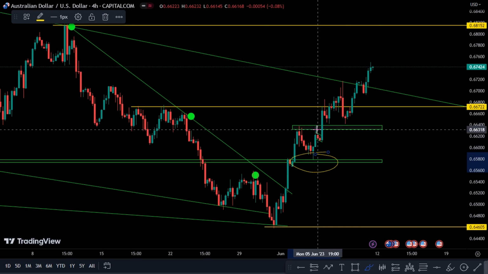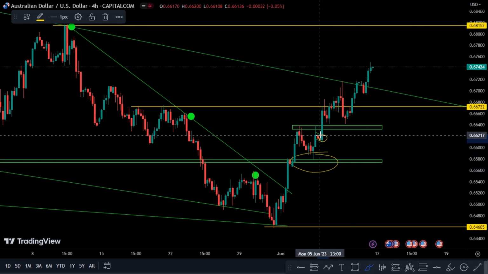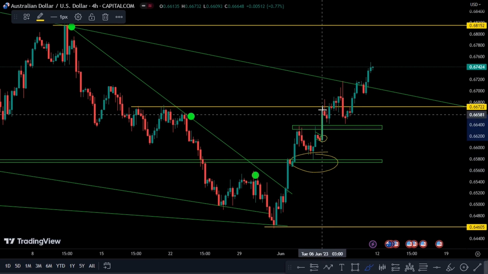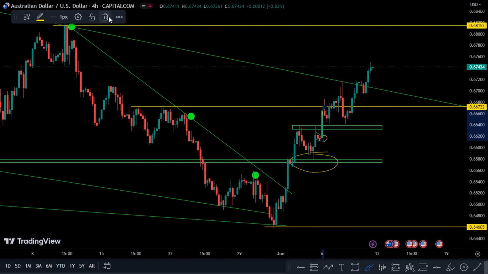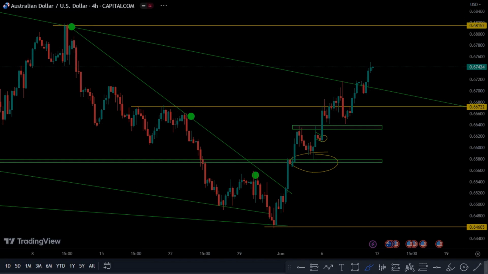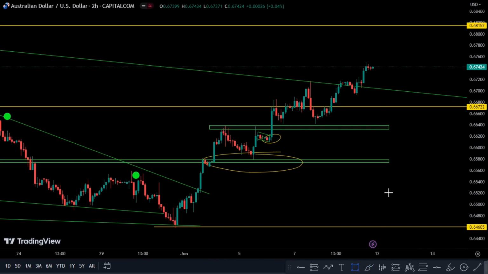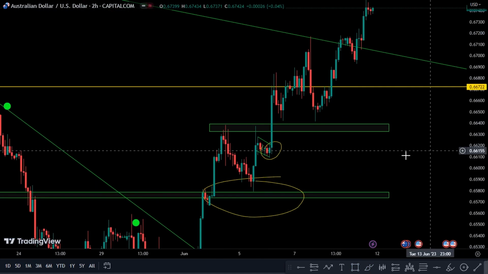It consolidated as we were approaching the Asian session, and then when the news was released, instantly we got this huge impulse push to the upside that broke the structure right here, and that is where we took our buy on AUD USD.